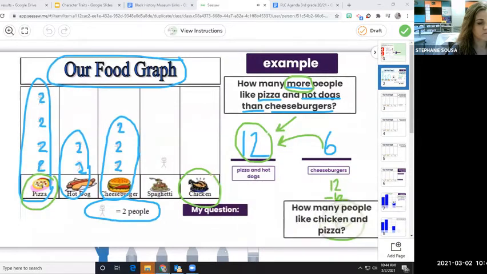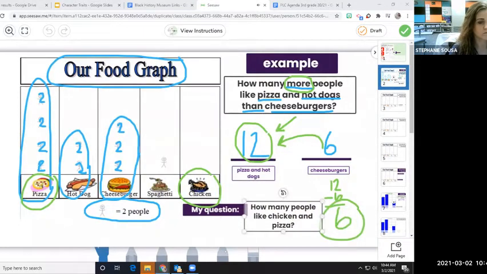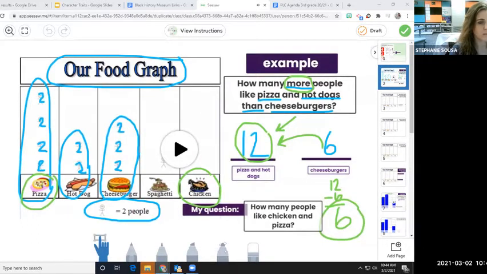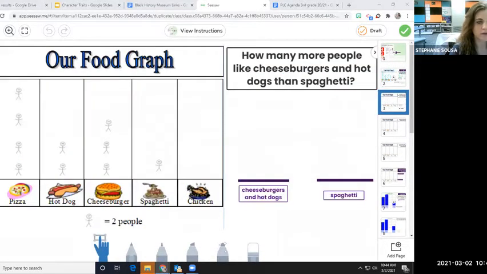This is what you're going to practice today. You're going to use your evidence in the graph to answer the question, and you will be asked to think of your own question that you could ask a friend. Good luck. All right, let's take a look at practicing this together on slide 3.